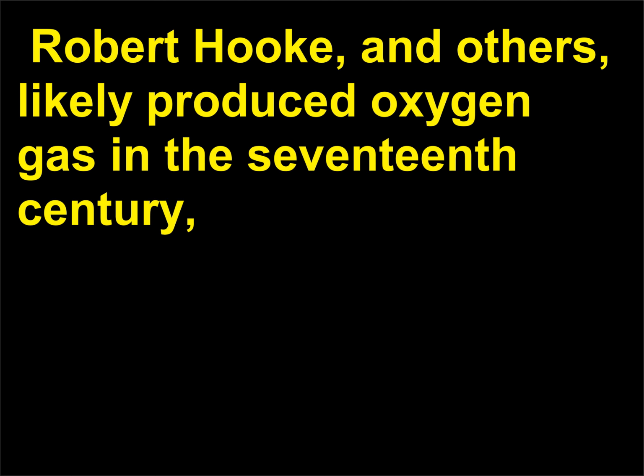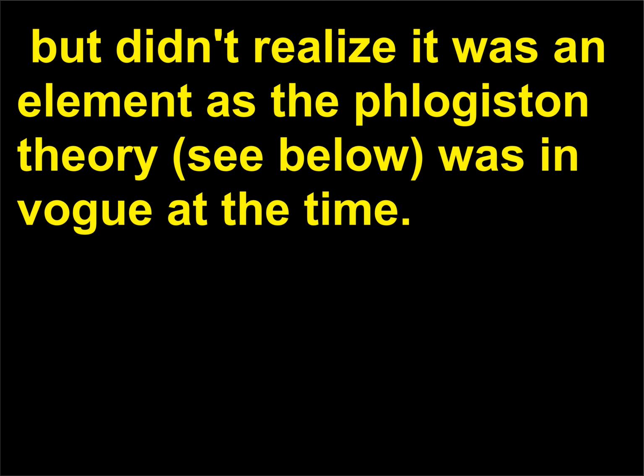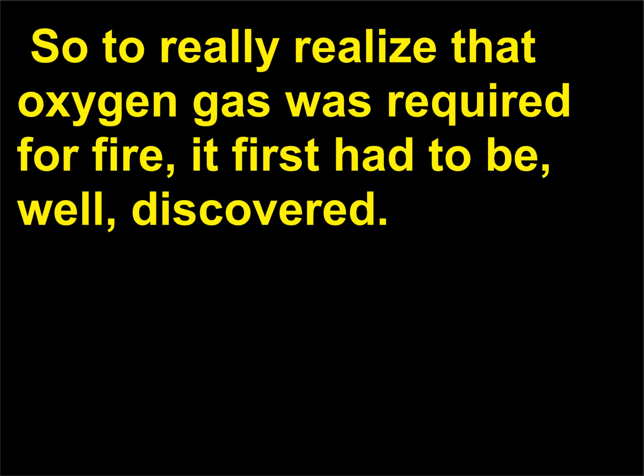Robert Hooke, and others, likely produced oxygen gas in the 17th century, but didn't realize it was an element as the phlogiston theory, see below, was in vogue at the time. So to really realize that oxygen gas was required for fire, it first had to be, well, discovered.